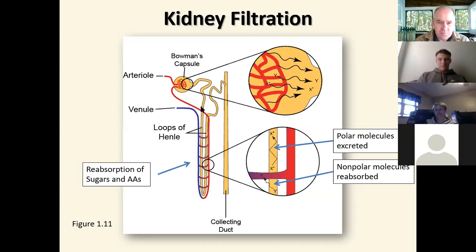Okay, so the reason I'm telling you all of this is down here in this loop of Henle, if you've got a polar toxin, it ends up inside the loop, and it's not going to be specifically reabsorbed. It's not something the body wants. So it stays in that tube, and then it'll make its way back out of the tube and into the collecting duct and out into your bladder, and then gets released. But nonpolar things can go anywhere they want.